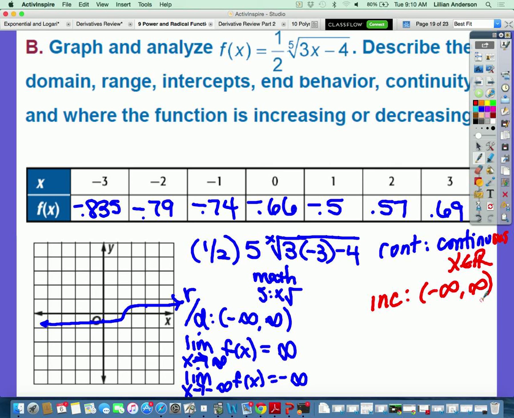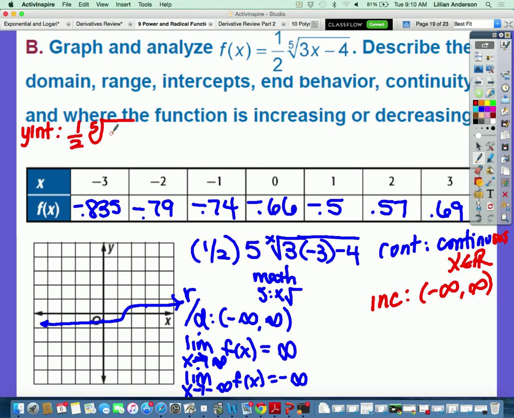Now for your intercepts. This is a good review of Unit 1. How do you find your y-intercepts? Y equals... You plug in 0 for x. So to find our y-intercept, I need to plug in 0 for x. 3 times 0 is 0.